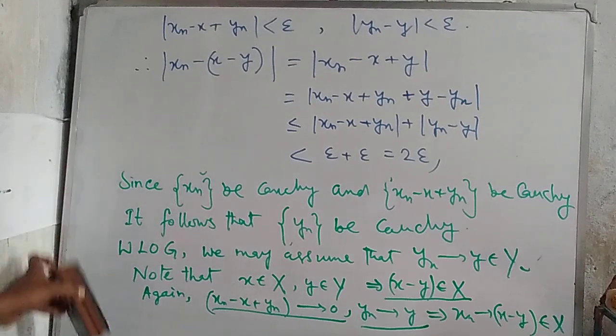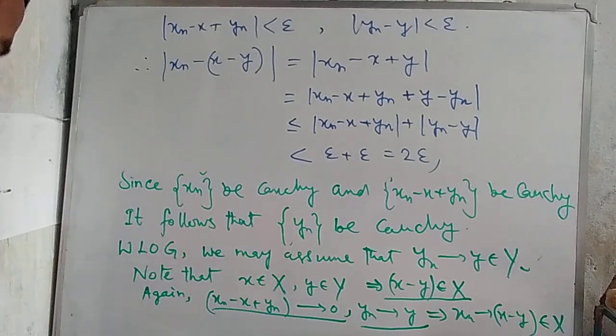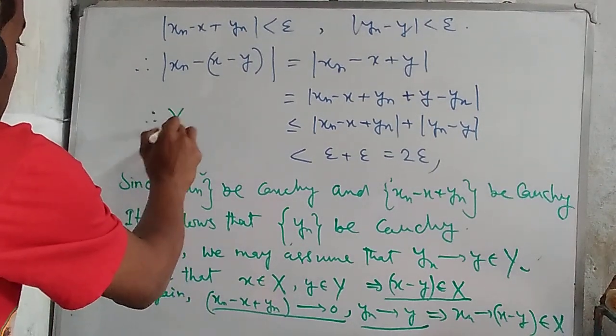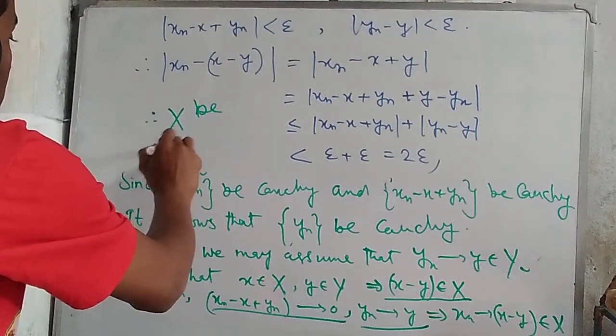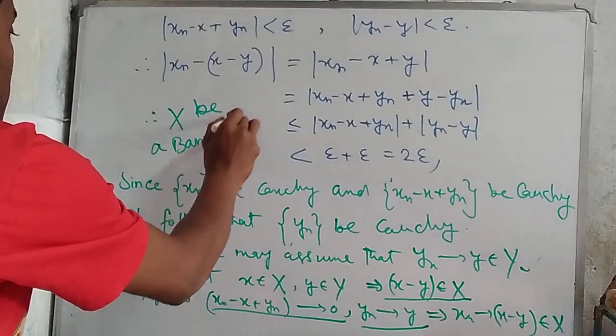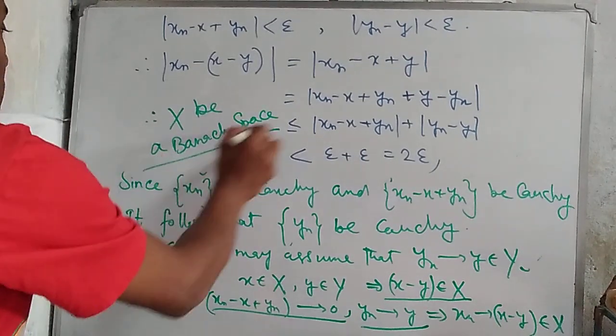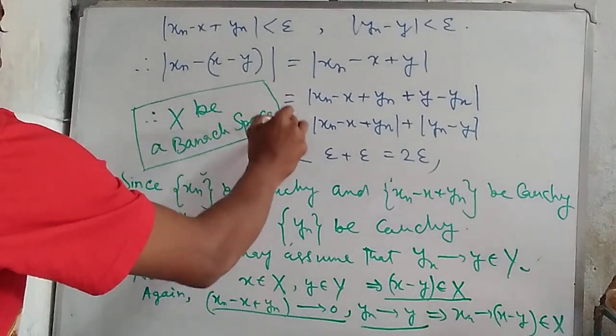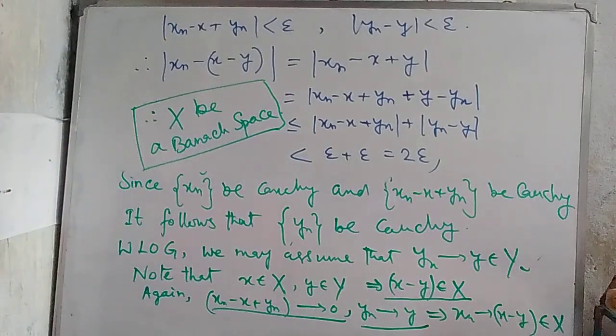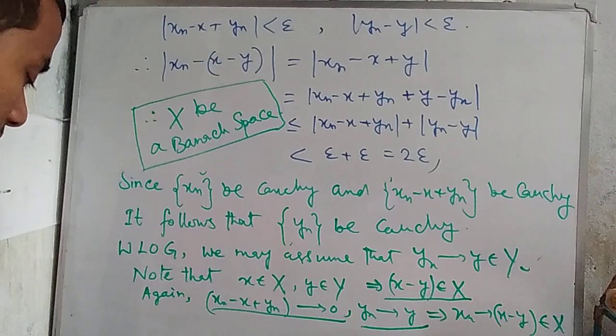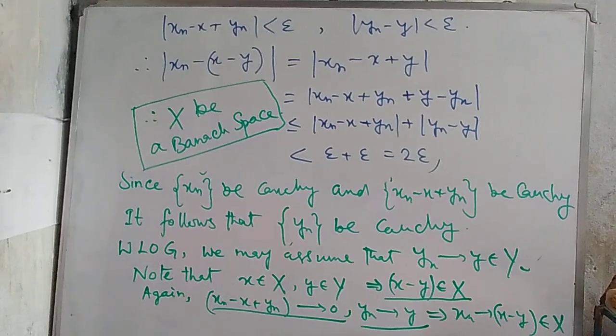This implies that X is a Banach space. So what we discussed today: Y is a closed subspace of a normed space X, and X quotient Y is a Banach space.